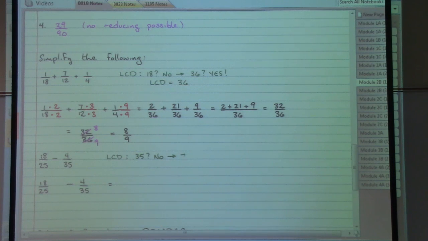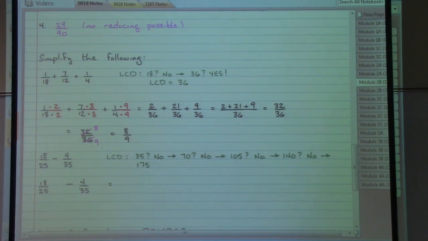2 times 35 gives us 70. 25 doesn't go into that. 3 times 35 gives us 105. 25 doesn't go into that. 4 times 35 gives us 140. 25 doesn't go into that.